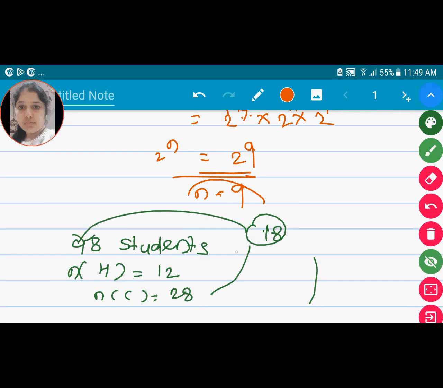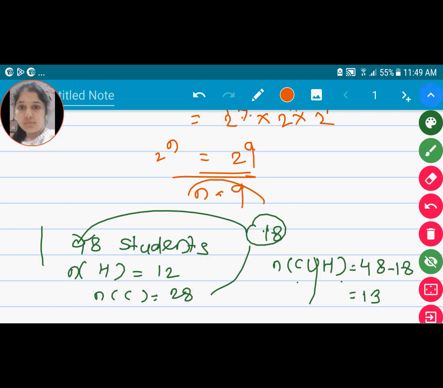So in these 48 students, 18 students do not like either of the games. So the students who like at least one of them, means cricket union hockey, is equal to 48 minus 18, which is 30.